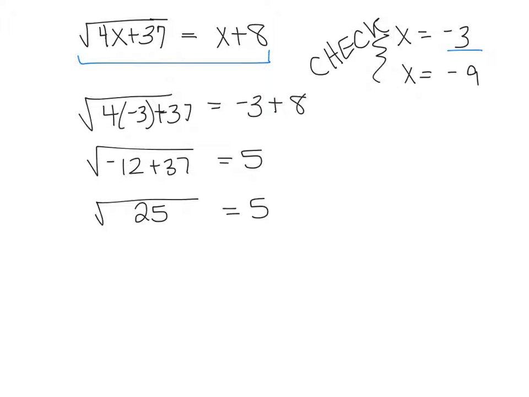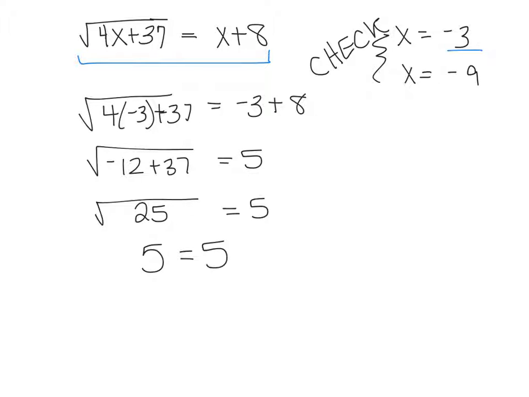When checking the solution, always take the positive of the square root. We will not deal with the negative of the square root. So the square root of 25 is going to be positive 5 only.